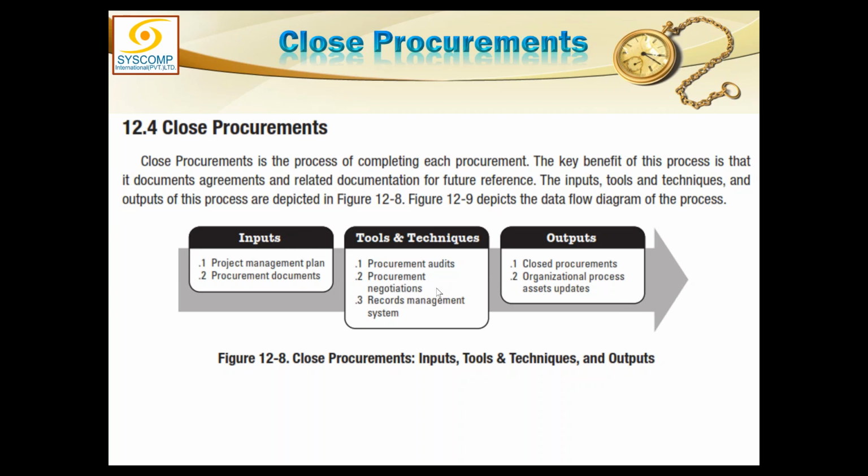Procurement negotiations have concluded, or if not concluded, they are concluded here, and the record is finally managed and submitted to the organizational process assets. So if all the conditions are met, the procurements are declared closed.